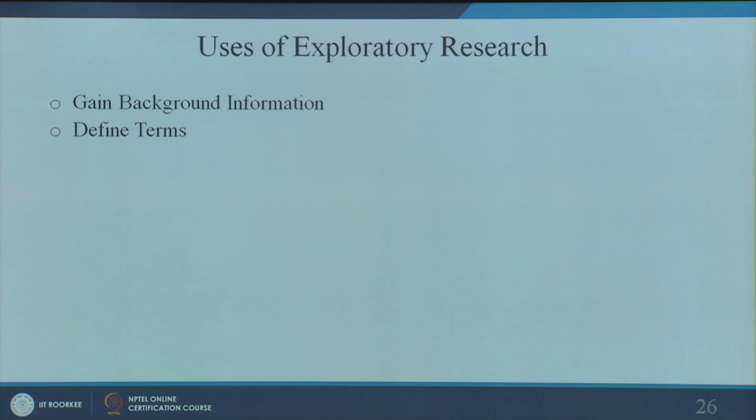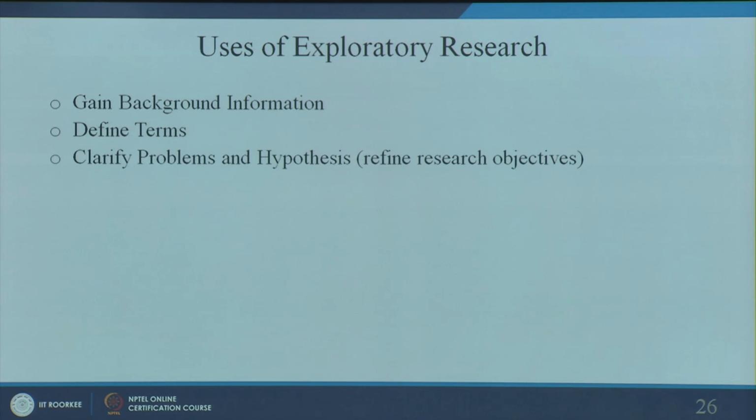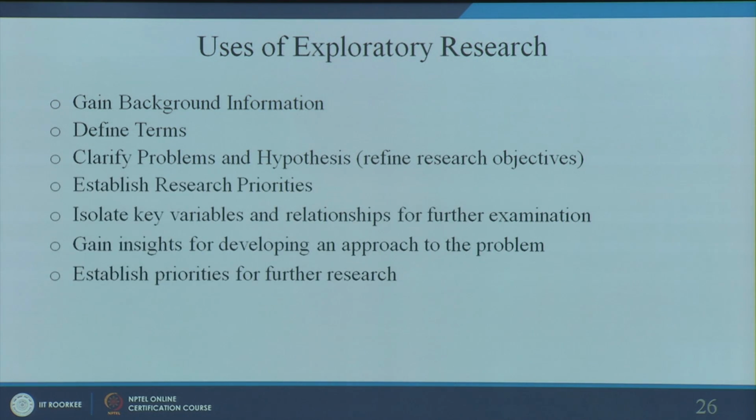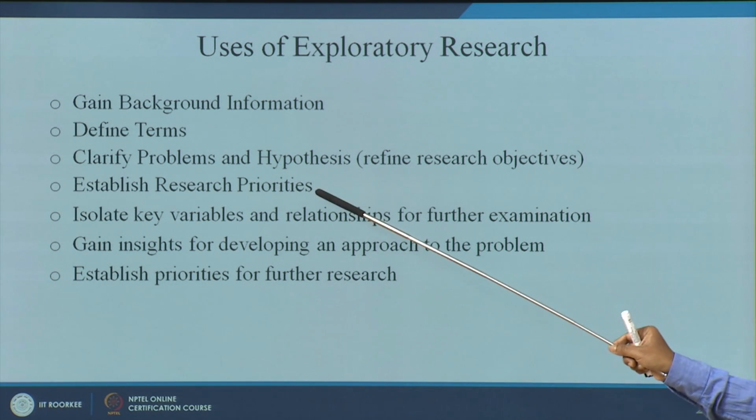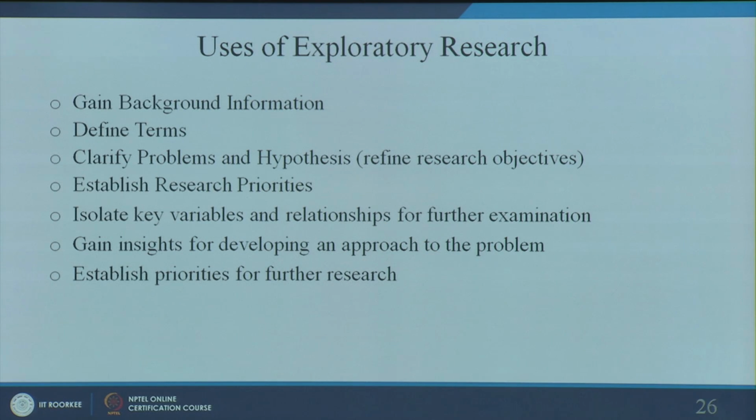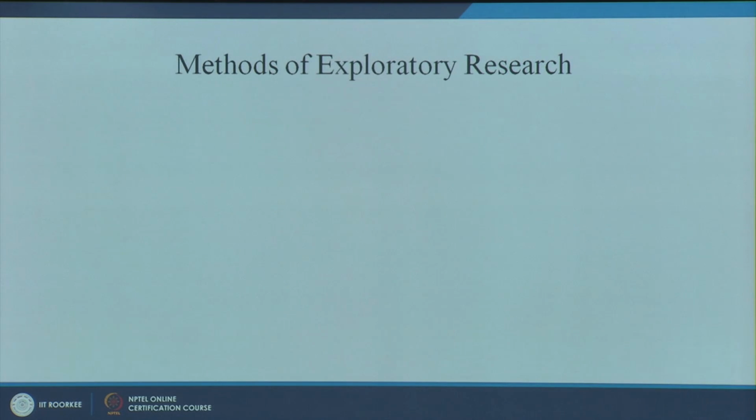First, you have to gain background information, define the terms, clarify the problems and develop hypotheses, establish the research priorities. What is the research all about? Isolate the key variables and relationships. So, this is how you move in an exploratory design, right. Gain the insights for developing an approach, and establish the priorities for further research.